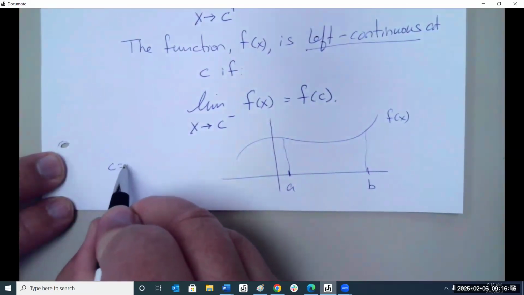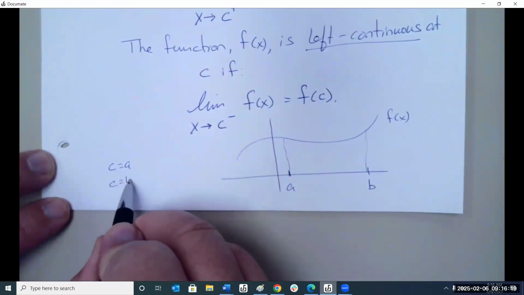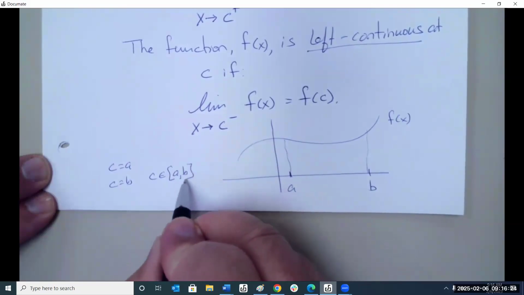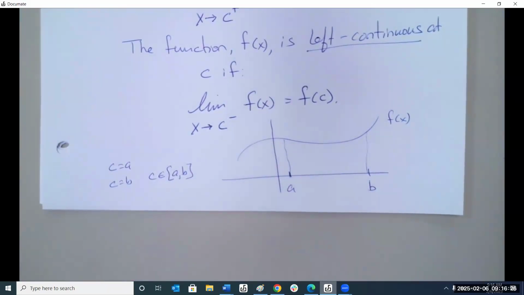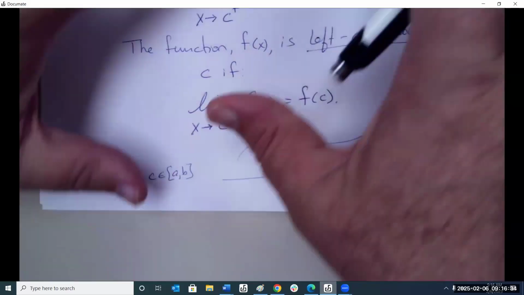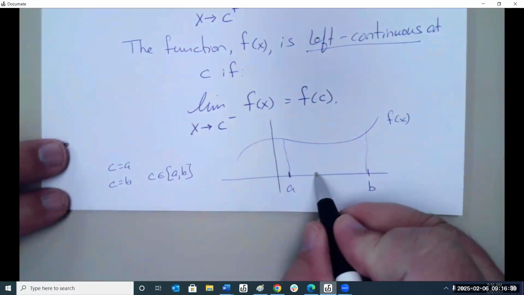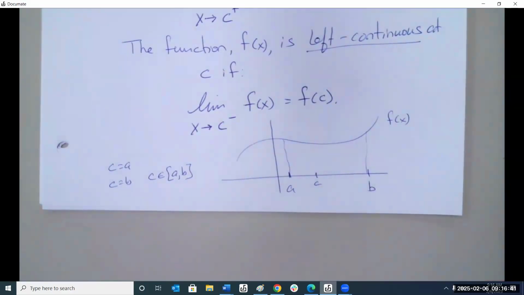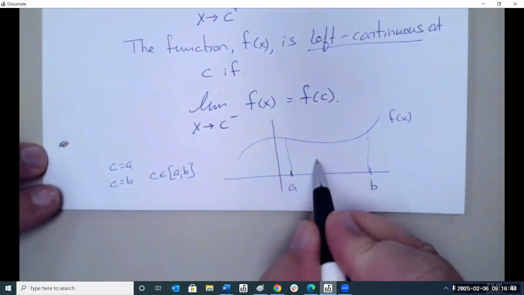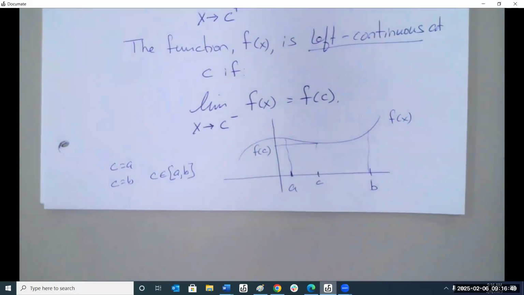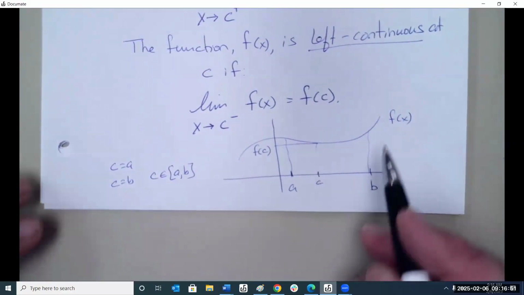C can equal A, C can equal B, or C can be anywhere in that interval. Now, here's how we define f being continuous with what we just defined. It's continuous if whatever value we pick, whatever C we take, that value exists on the graph, no matter where it is.